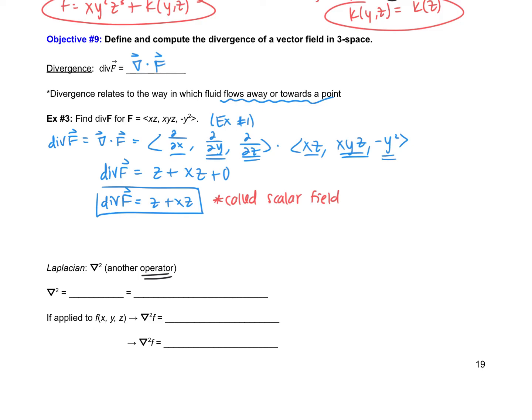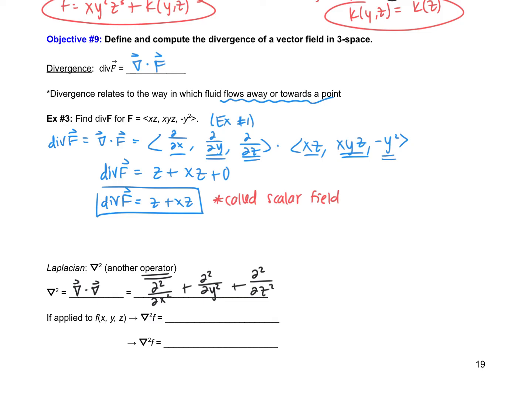And so what that's doing is it's taking the gradient operator and dotting it with the gradient operator, which gives us the second partial with respect to x, add the second partial with respect to y, add the second partial with respect to z.